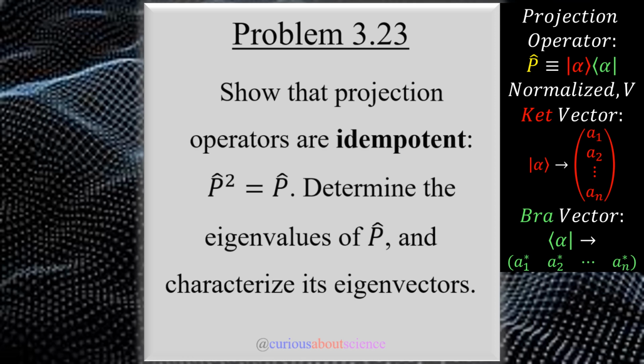Whenever I have a bra and a ket, we get just a number out, so it's operating on the ket vector. And similarly, when I take an operator and I smack it into a ket, I get another vector out. So it lets you know that operators are matrices in this linear algebra sense. So let's be careful with that moving forward and see how we can prove this statement.